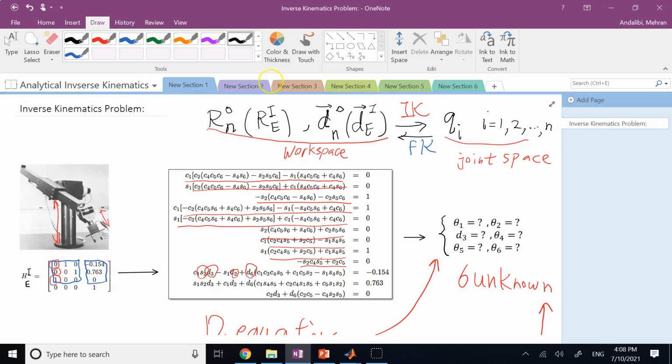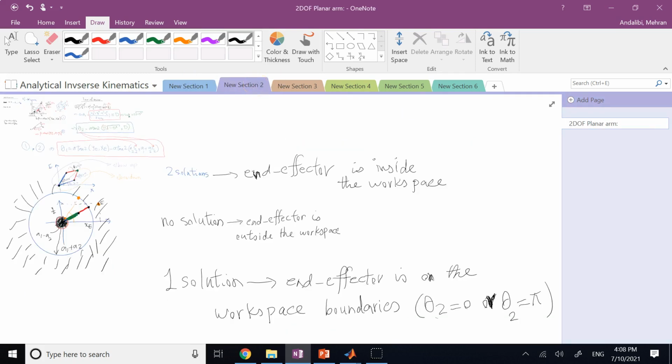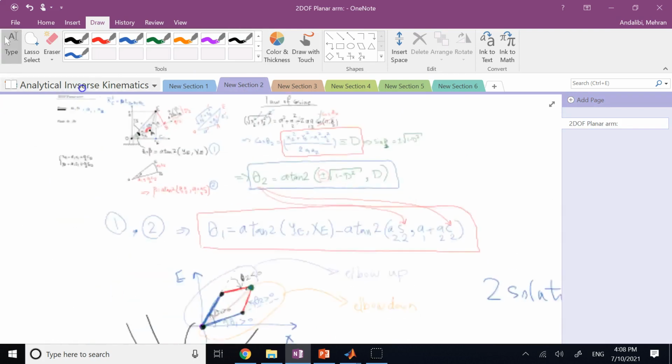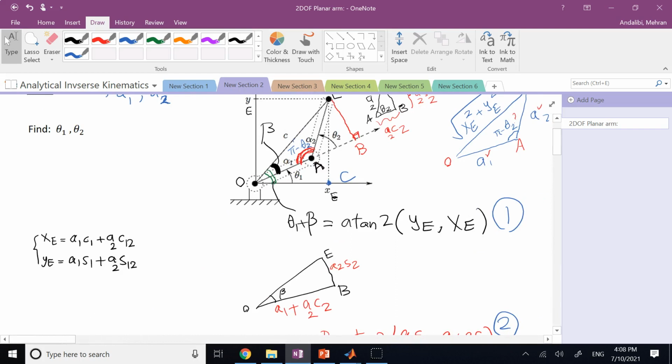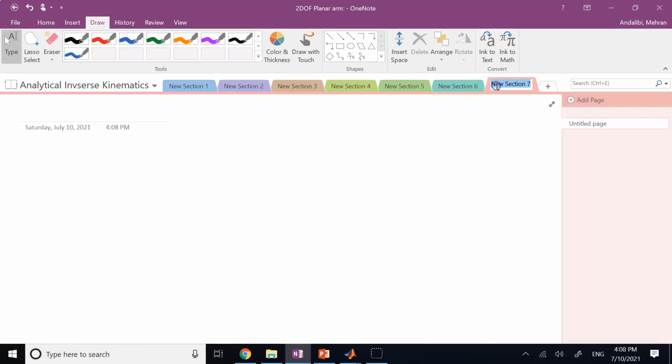Good, so we solved this one simple example case. Now, I told you that if I can, I will solve these two guys analytically for you. And since I promised, let me do this. Okay, so here I'll try to go somewhere else and bring it here.